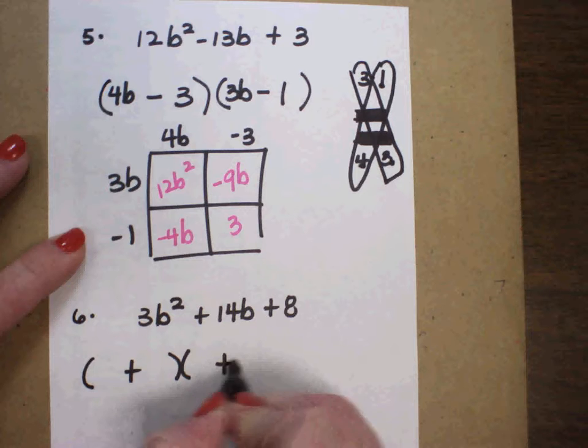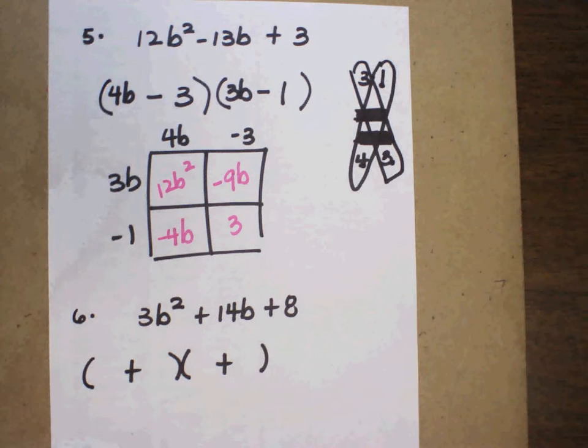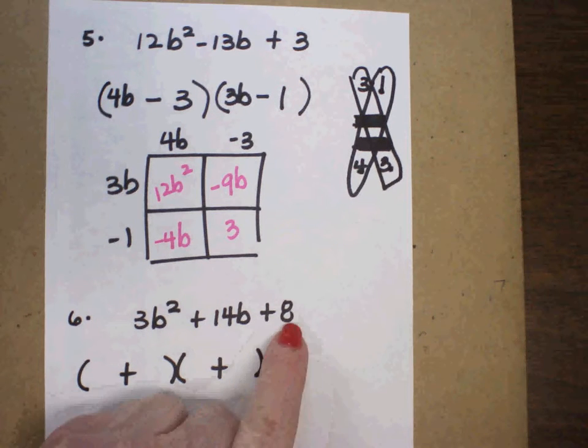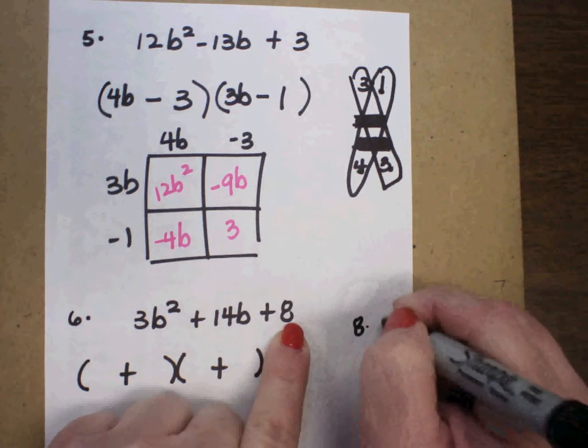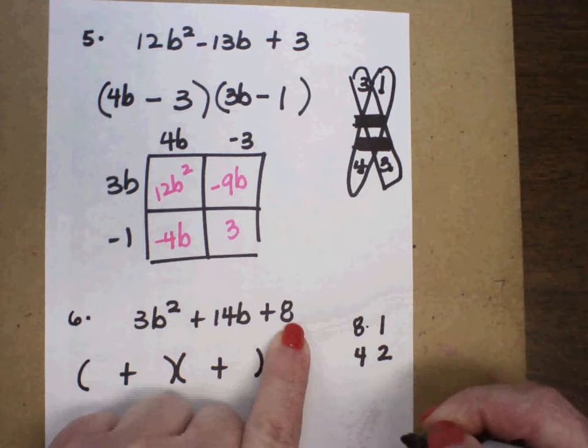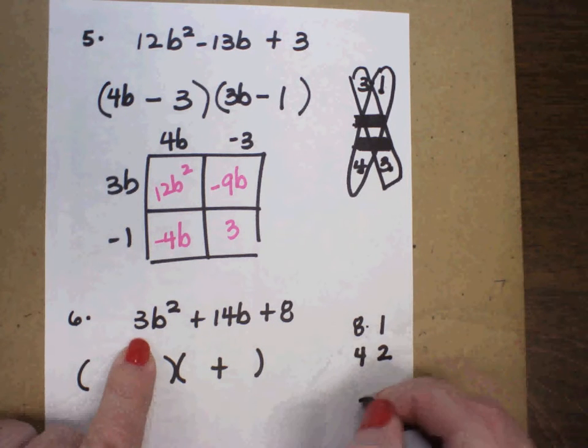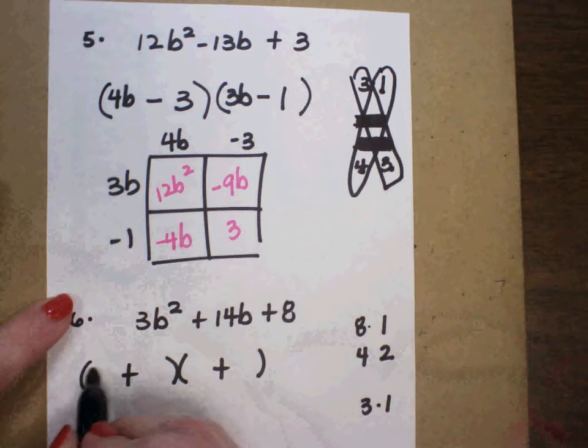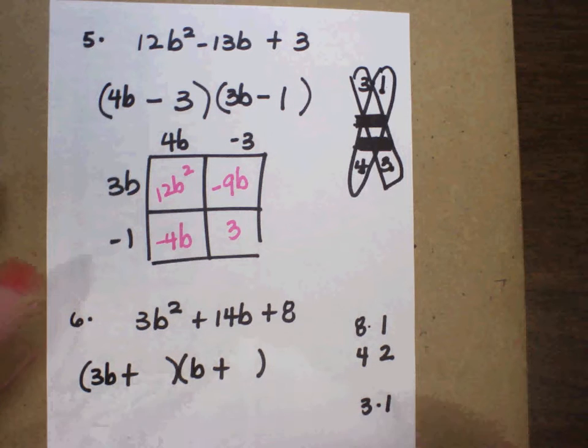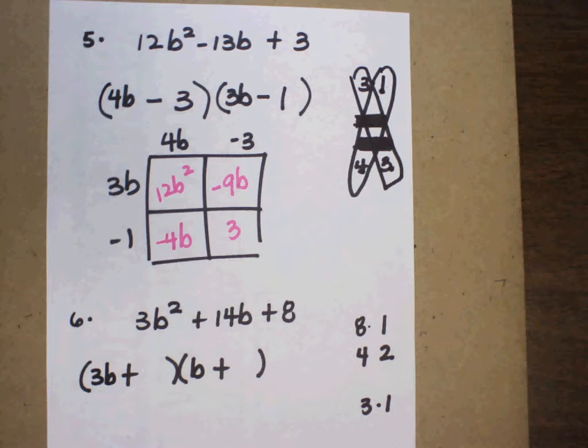All right, I want a 14, so there's a big chance that I probably won't use that 8 because that's too big, right? Let's see, if I do 3 times 8, that's 24. I'm adding, right? If I do 1 times 1, I'm adding 1, so that's not it. Let's cross it. 3 times 1 is 3. 8 times 1 is 8. And 3 and 8, I don't think it's 14, so it's not that one.